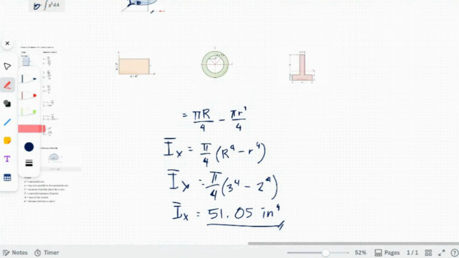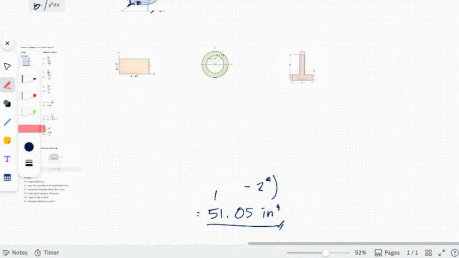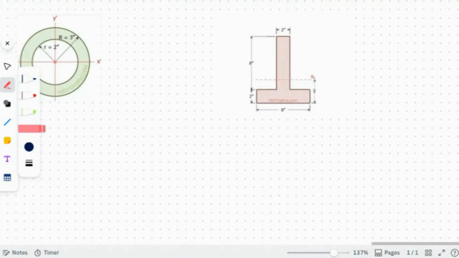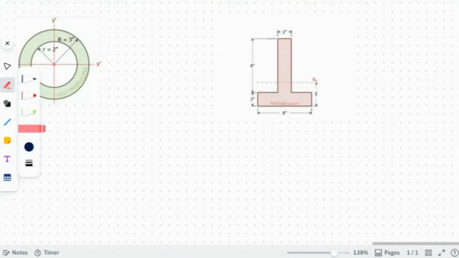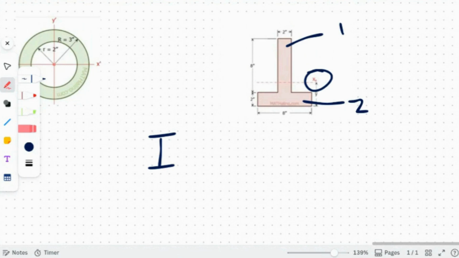So for this inverted T, earlier we did a bit of subtraction, right? Now we want to do addition. And it's also asking to find the moment of inertia about XO, that axis. So you could say this is 1, this is 2, area 1, area 2.